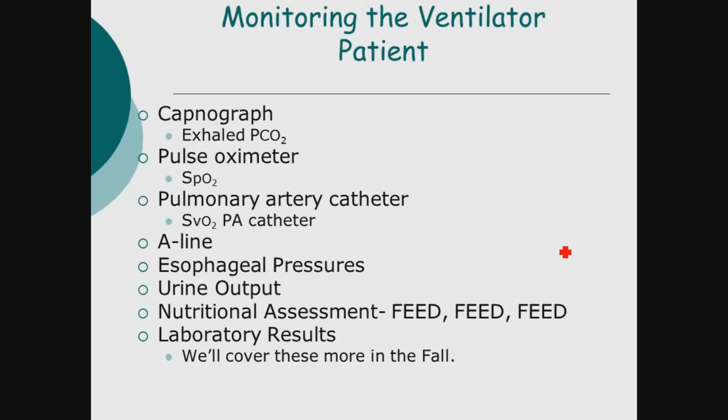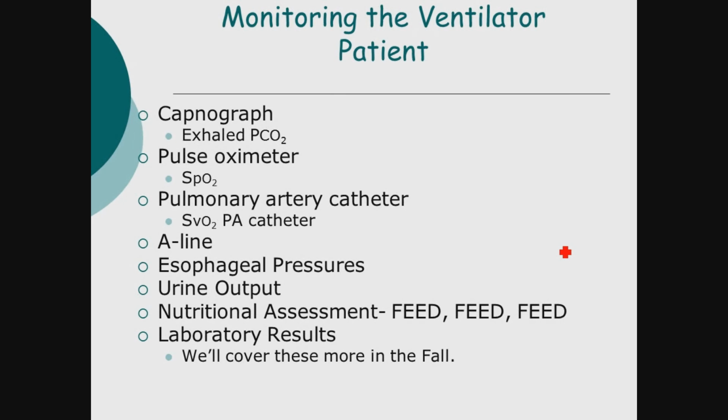Some other monitoring that you can end up doing, looking at the end-tidal CO2, and as we'll find, that has a very good correlation with not only ventilation but also perfusion. Pulse oximetry, pulmonary artery catheters, we'll talk a lot more about at a later date, but we can monitor hemodynamic values from that. Arterial lines, we'll be able to monitor systemic blood pressure.